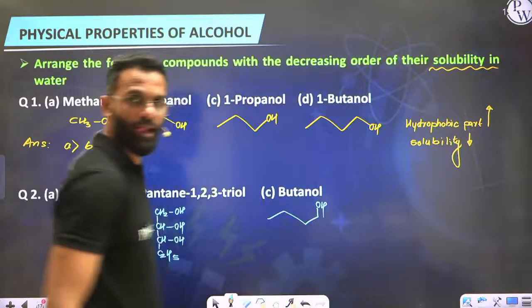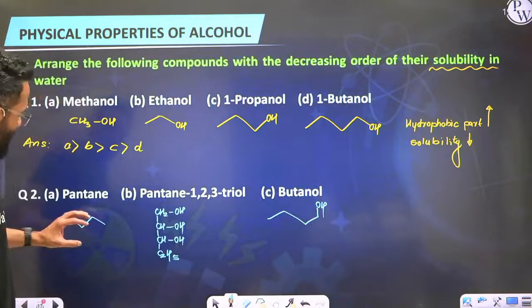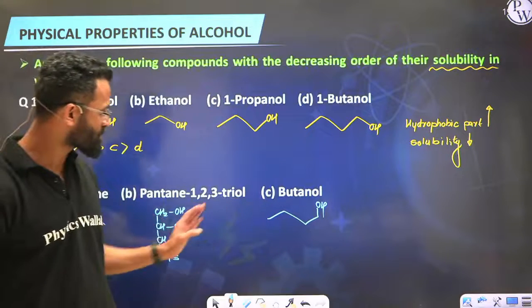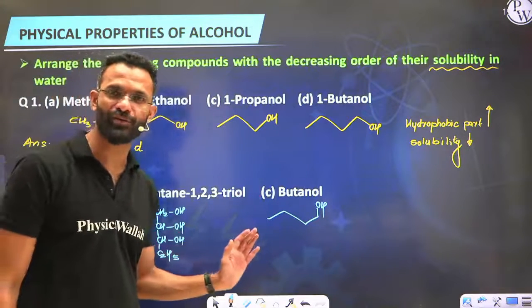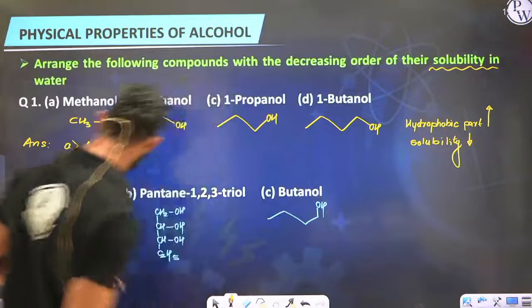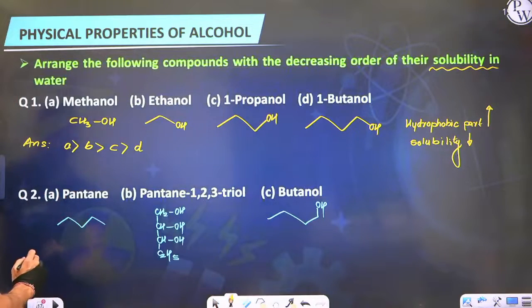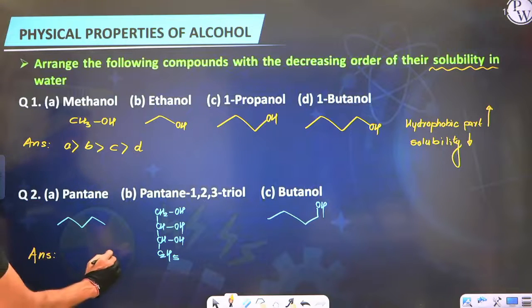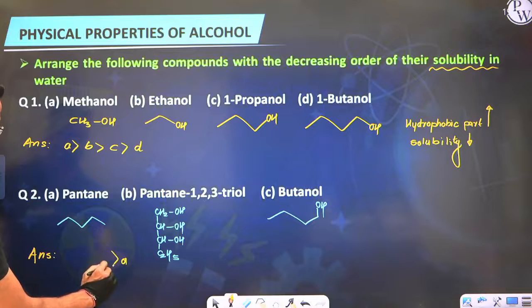Clearly, n-pentane when compared with these two compounds, these two being alcoholic, are going to show hydrogen bonding tendency. n-Pentane won't show any hydrogen bonding tendency, so its solubility in water is going to be lesser, or rather least. So we know A is going to be least soluble in water.